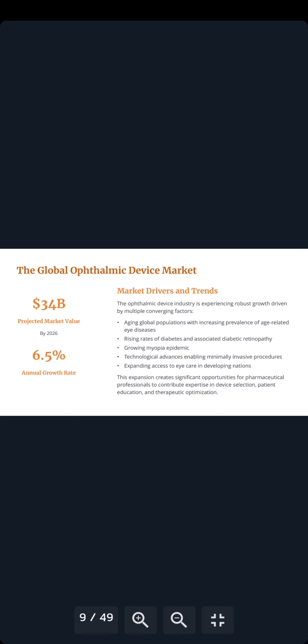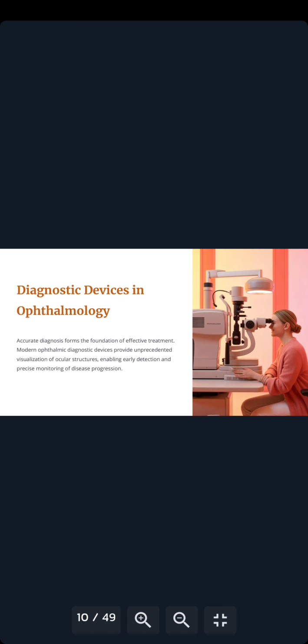And access to eye care in developing nations is expanding.